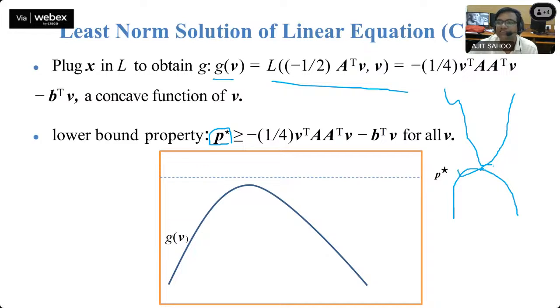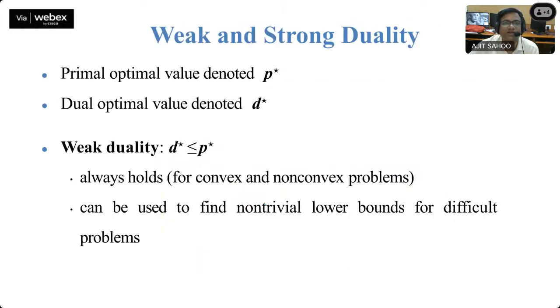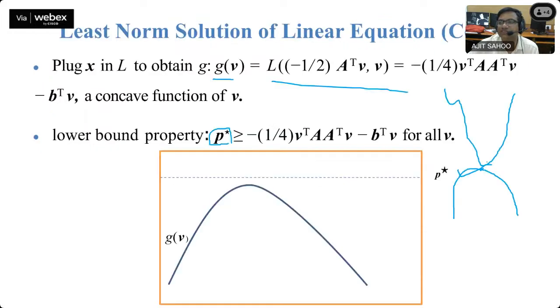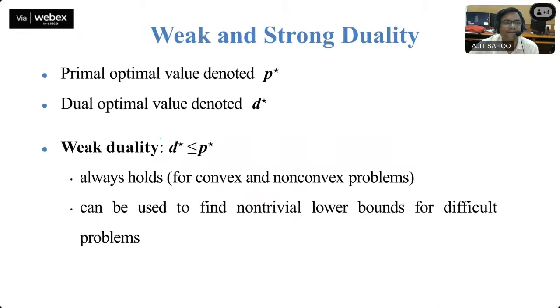At least you can get this solution easily. The primal optimal value is denoted as p star, and the dual optimal value is denoted as d star. This is the dual solution, and this is your primal solution.